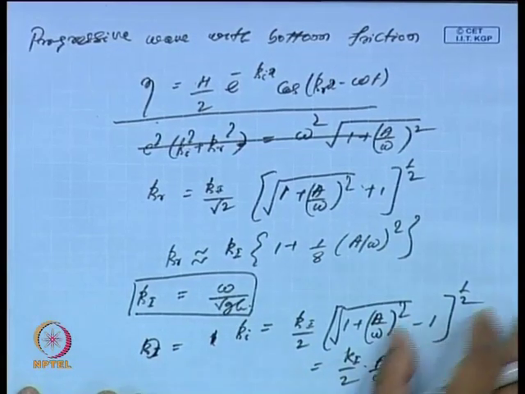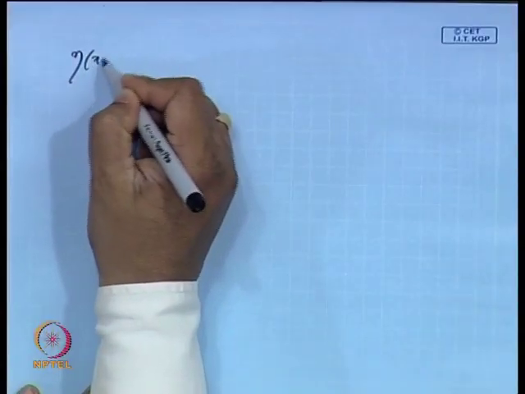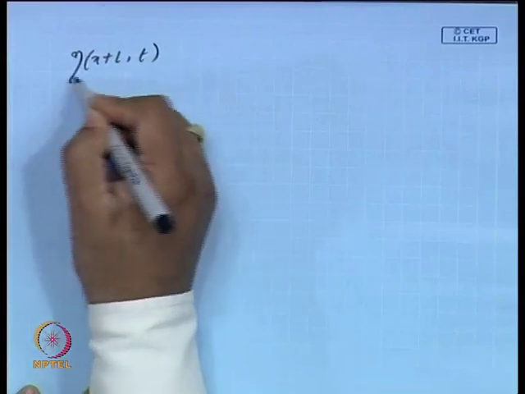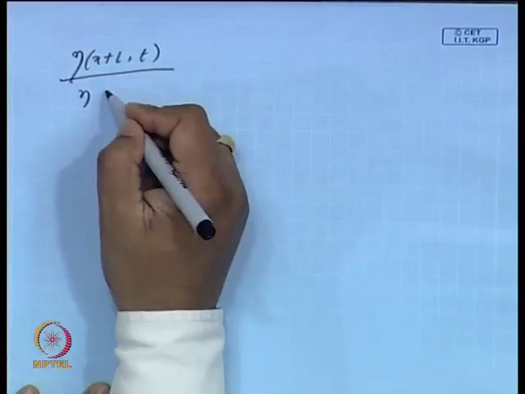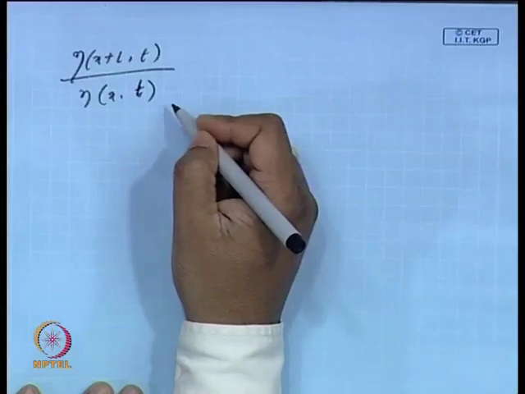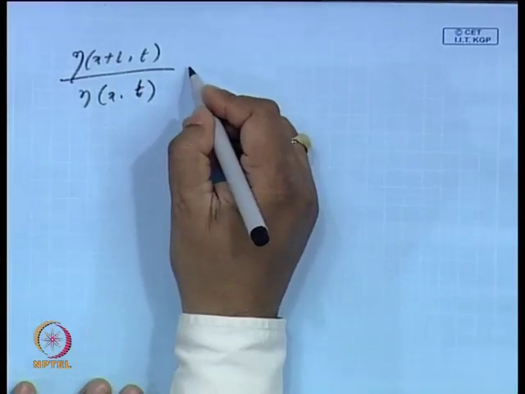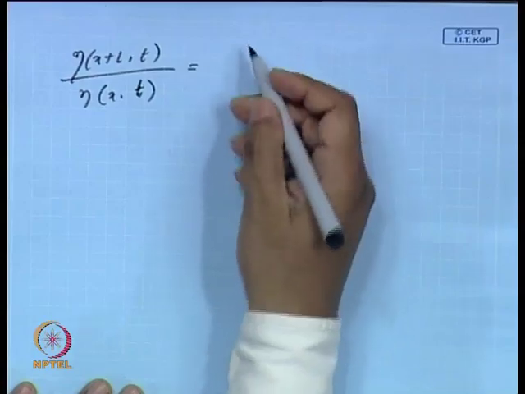So, once I know k_i and k_r, what will happen to eta at x plus L by eta at x minus L? Let me just look here at what happens over one wavelength, L being the wavelength.